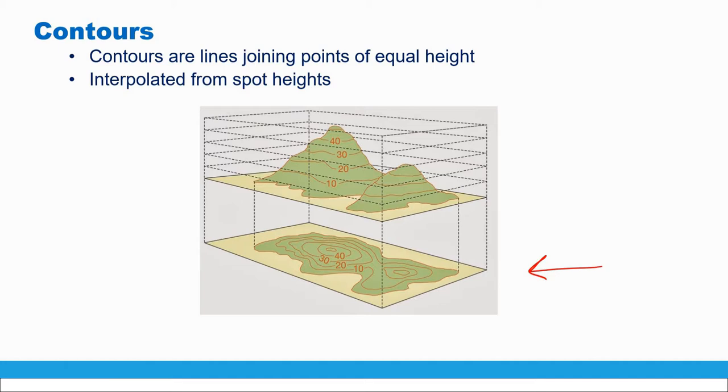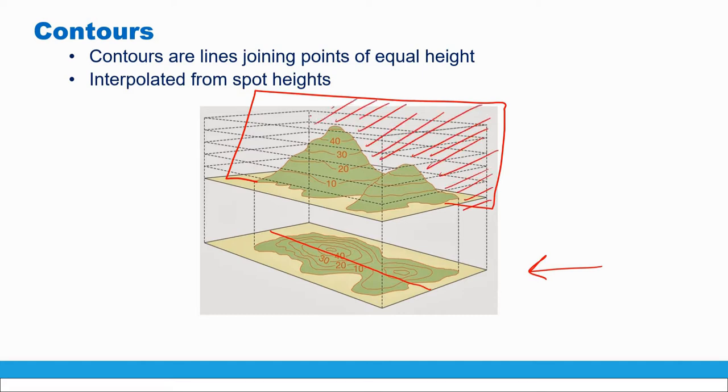For example here, if I would like to construct a topographic profile along this line, you can imagine that there is a vertical plane here to intersect these two mountains vertically, and then you are going to draw the topographic profile resulting from this intersection.